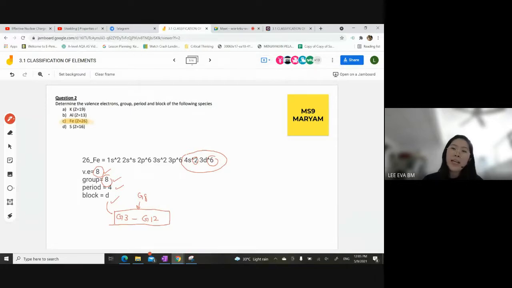So, bila awak nampak s dengan d, 4s 3d, 5s 4d dan seterusnya, kita akan ambil kedua-dua, 4s dengan 3d sekaligus. Sampailah awak nampak 4s2, 3d10, tapi dia belum masuk dekat level yang next lagi, kita masih lagi ambil ini sebagai dia punya valence electron.